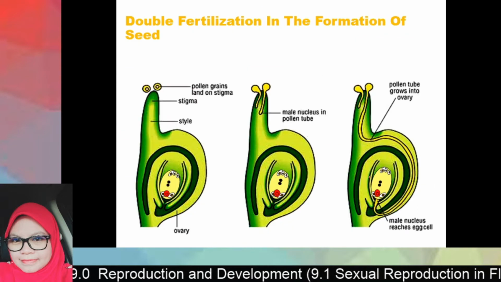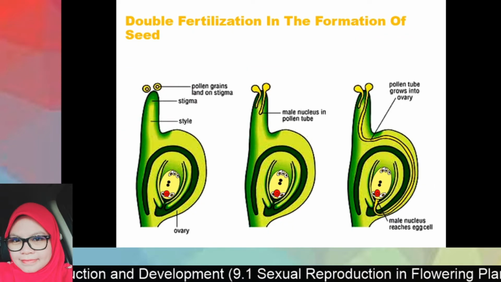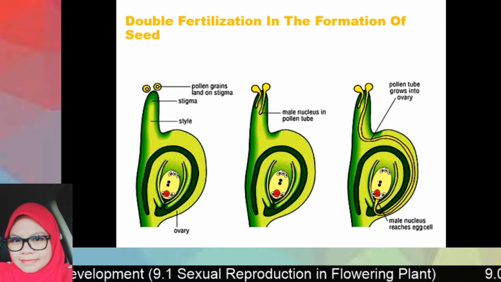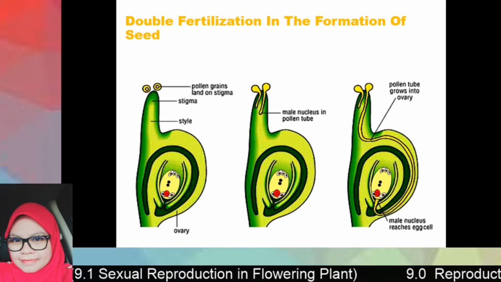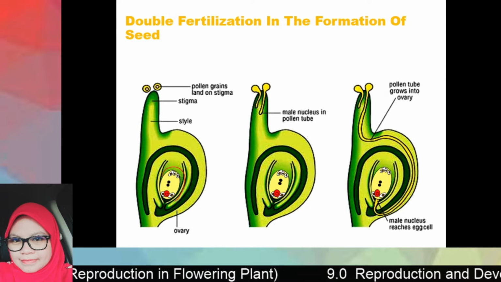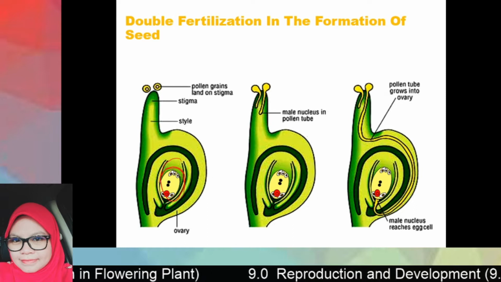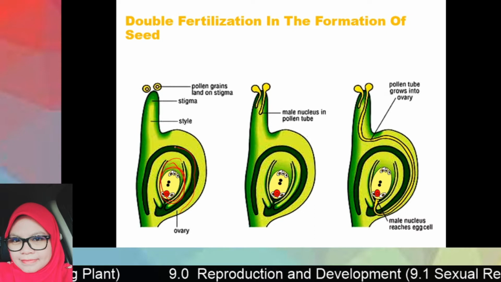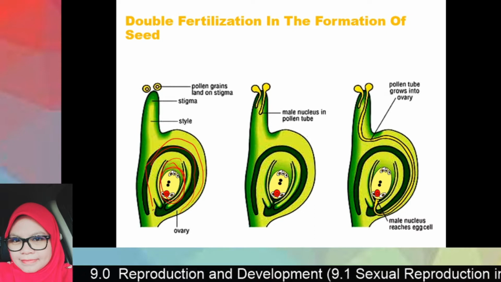So now, our important topic is to discuss double fertilization in the formation of the seed. This is the view in the ovary, and this is the embryo sac which develops within the ovule. This entire structure is called the ovary.